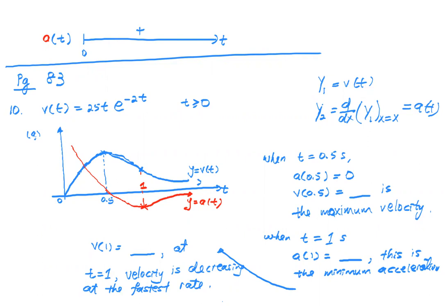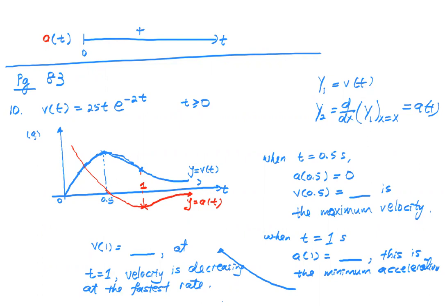You get me? So for part A, the answer is just the blue color graph. That is what the question wants you to do. Am I right? So now if you look at the red graph, you know that from 0 to 0.5 seconds, the acceleration is positive.